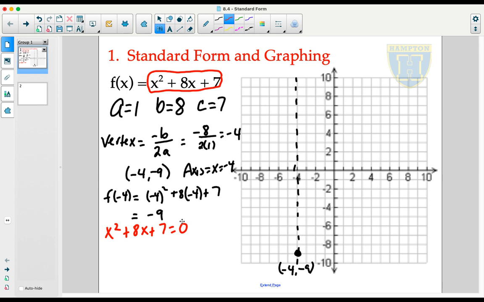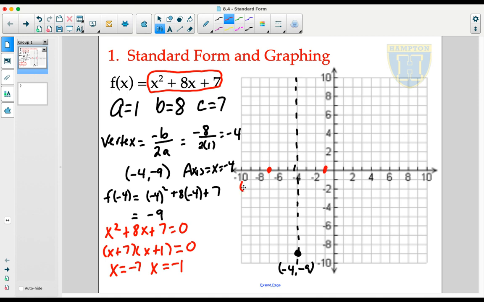In this case, it's a little bit easier than jumping right to the quadratic formula. With a little bit of careful looking, we see that our polynomial is factorable, which gives us two solutions thanks to the zero product property. X is equal to negative 7 and x is equal to negative 1. Now, the nice part about negative 7 and negative 1 is we can see that continued symmetry.